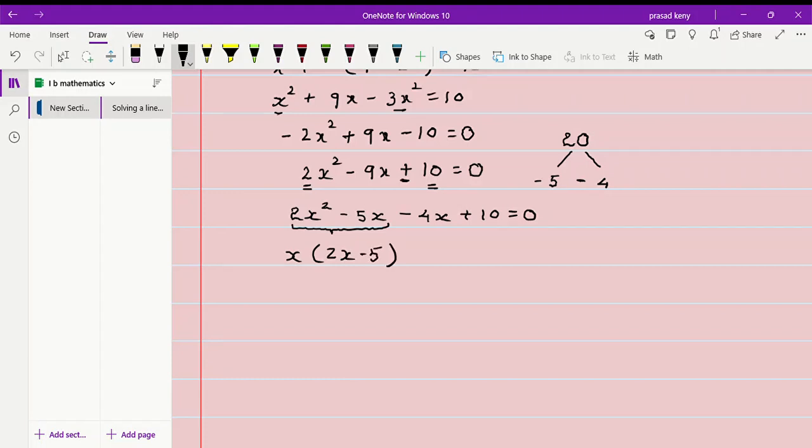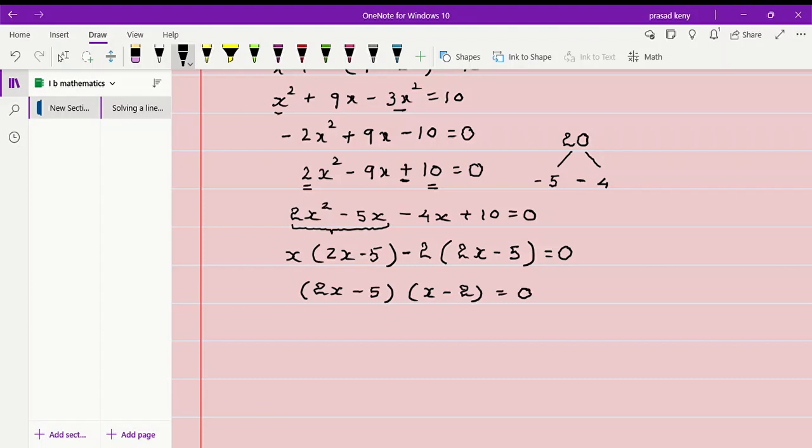Now from the third term, take a negative sign out, and from 4x and 10, take 2 out. So that is 2x minus 5. So 2x minus 5 and x minus 2. These are the two factors.